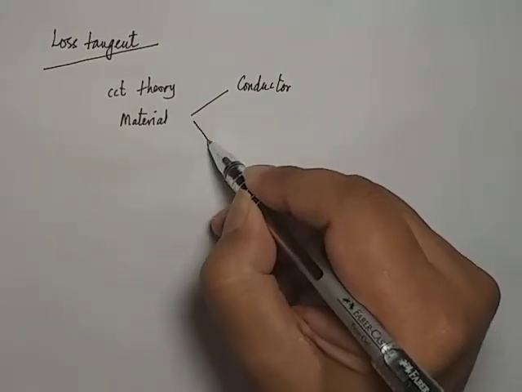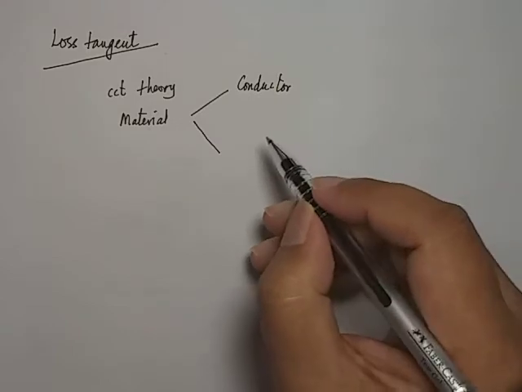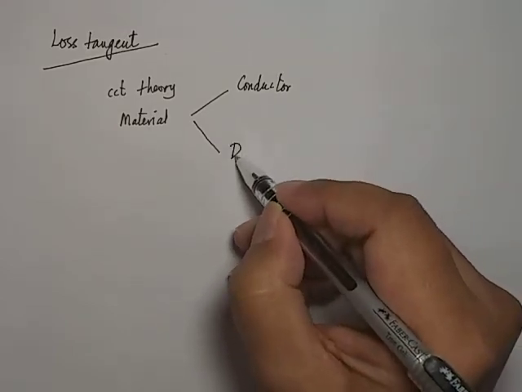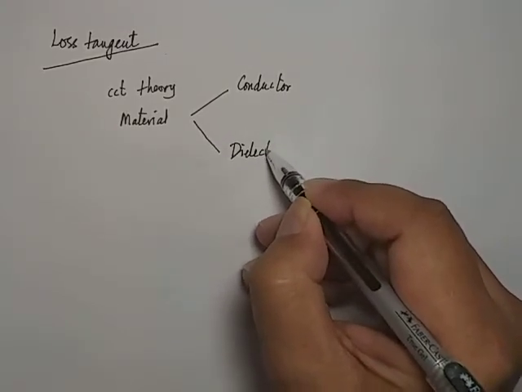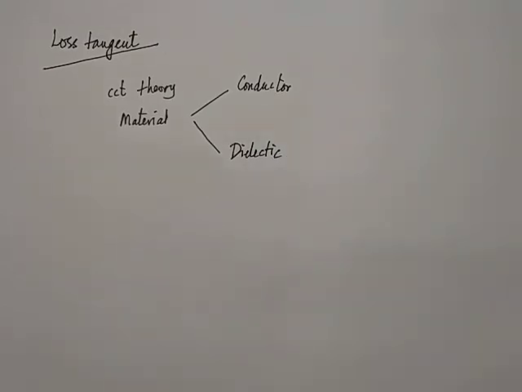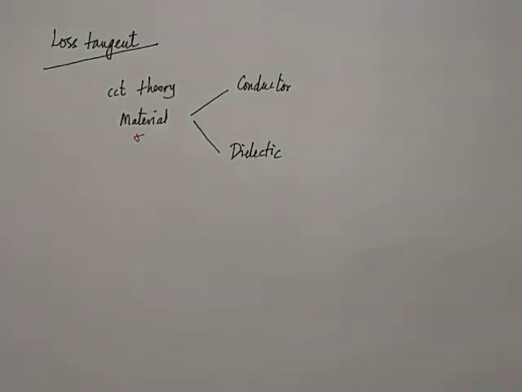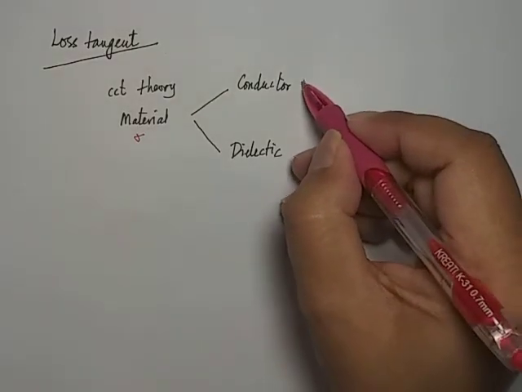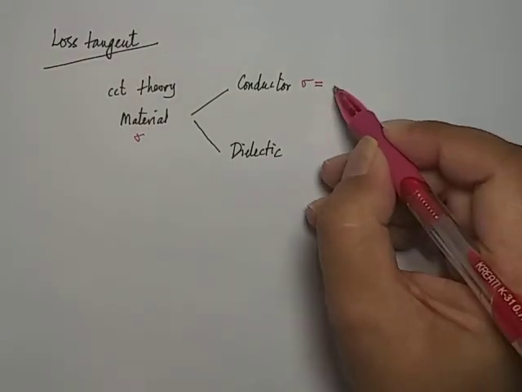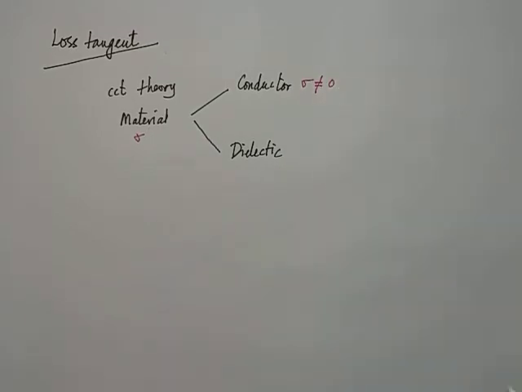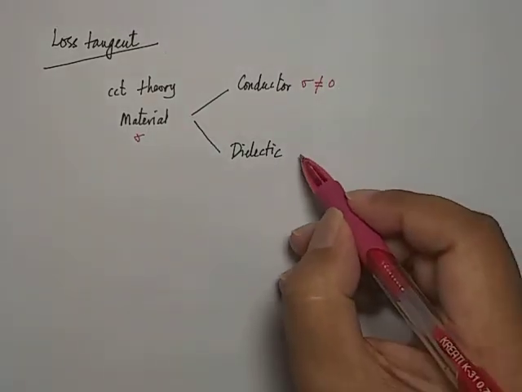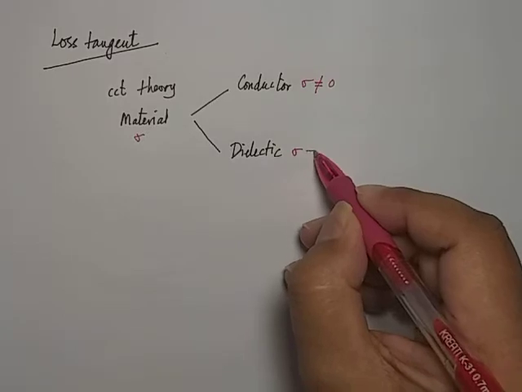Let's say two main components, conductor and dielectric. So how actually do you define conductor and dielectric in the world of circuit theory? By looking at the value of sigma, conductivity. Okay, so for conductor, we know the sigma will be not equal to 0, whereby for dielectric, we're going to denote sigma will be equal to 0.